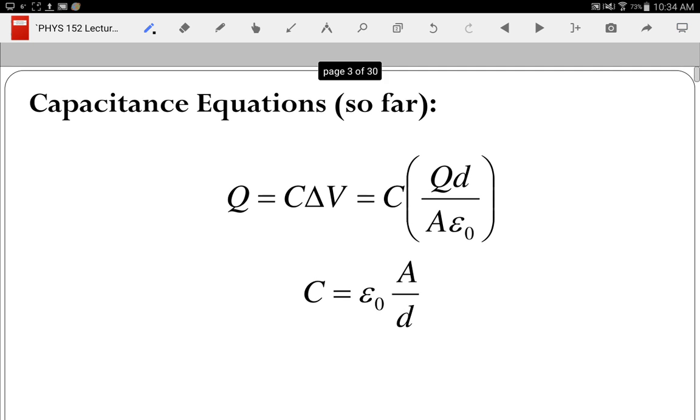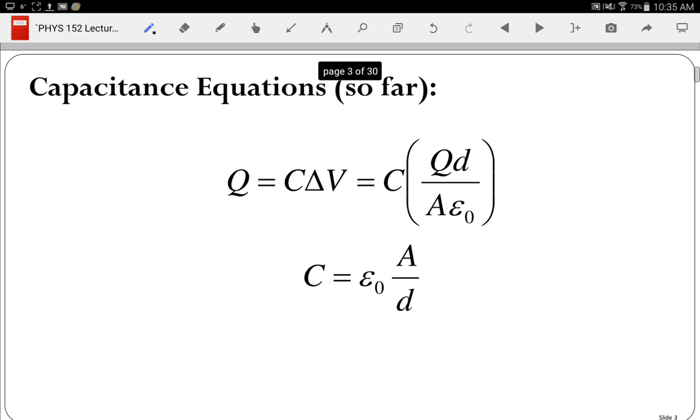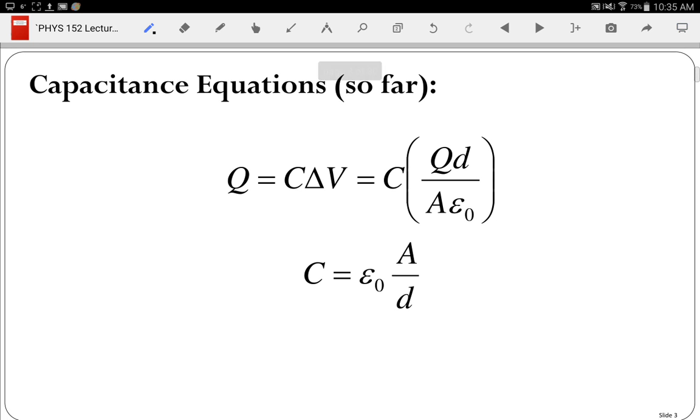So, review of the equations we did. The charge is related to the voltage for a capacitor by the capacitance. That's the definition of capacitance.